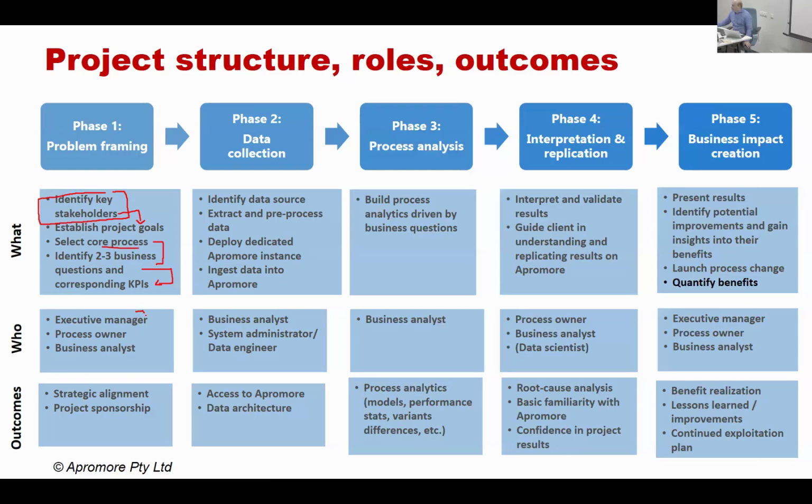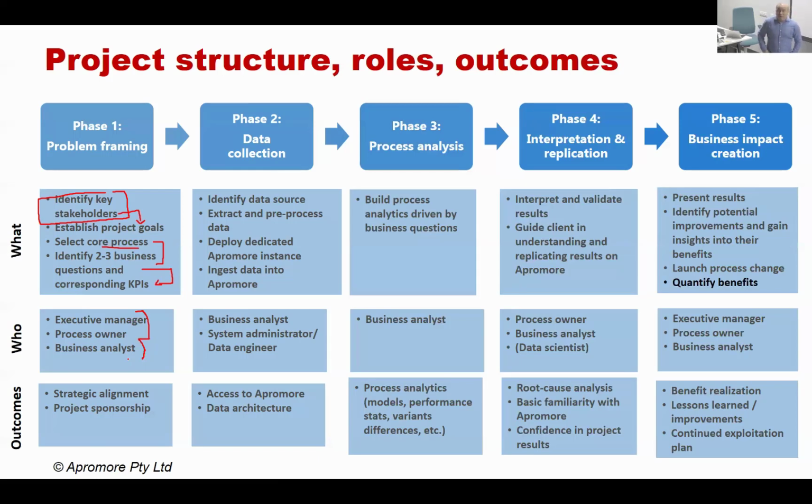This type of work is done usually by 3 people: an executive manager, a business process owner, and a business analyst. The executive manager is the one who usually will sponsor the project, is the one who has budget and who says, we need to address this particular problem that we're having in this process. A process owner is a manager in the organization who is responsible for a given business process.